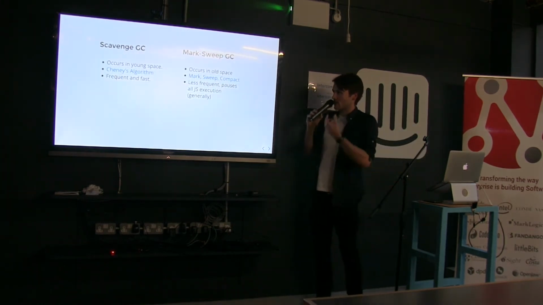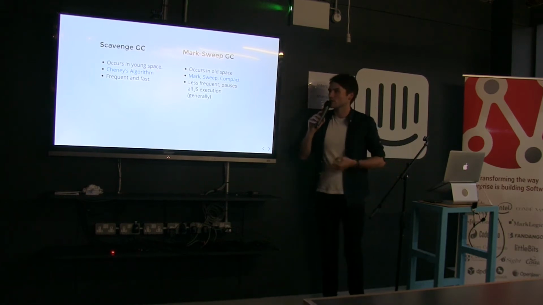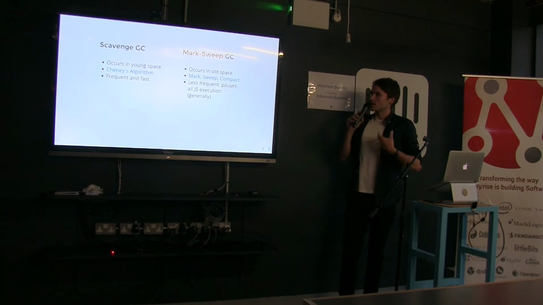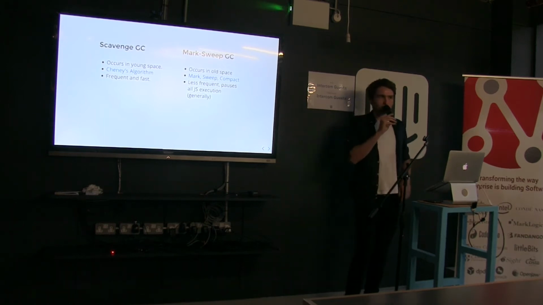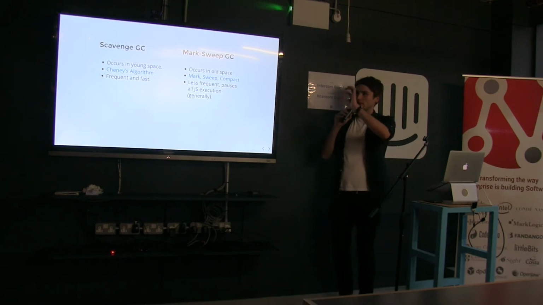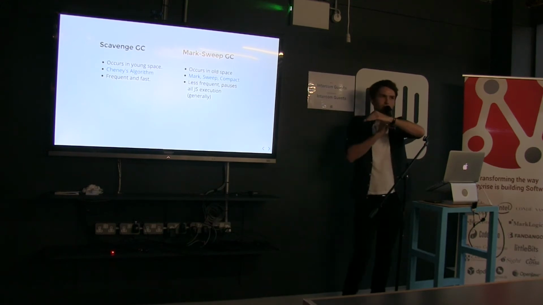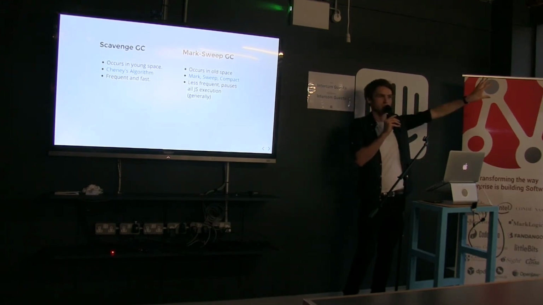To talk about that garbage collection a little bit, scavenge garbage collection occurs in the young space, right? It's frequent, it's fast, and it's an implementation of something called Cheney's algorithm, which in a nutshell takes that young space, splits it in 2, copies all the live objects from one place to the other, and then just discards the other place.